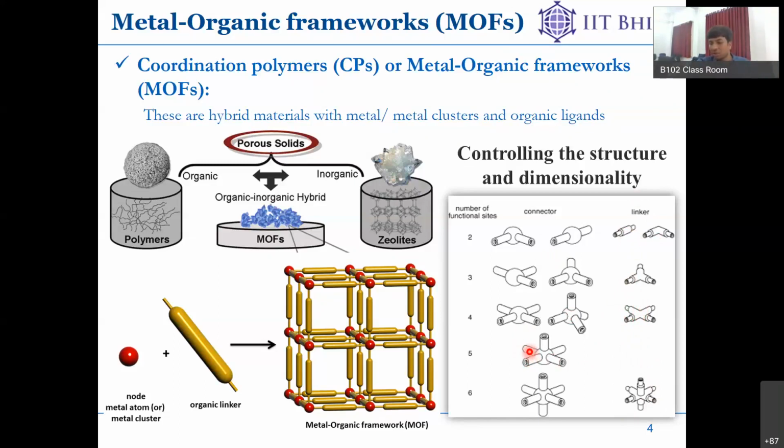You can also use different metals, where the metal comes with some kind of conductivity, sometimes insulating behavior, sometimes magnetic behavior. So you have a wide number of applications.